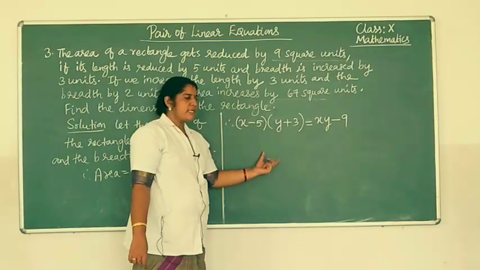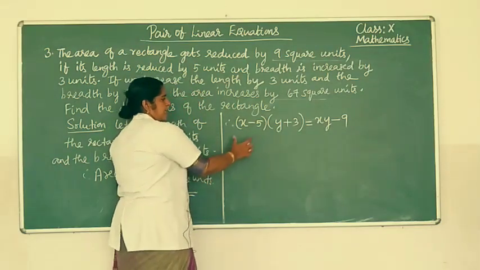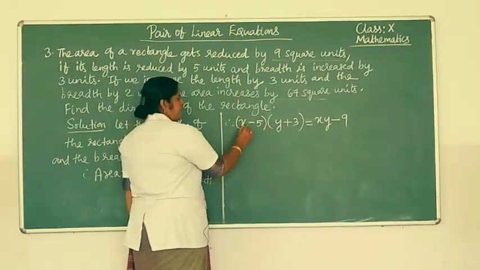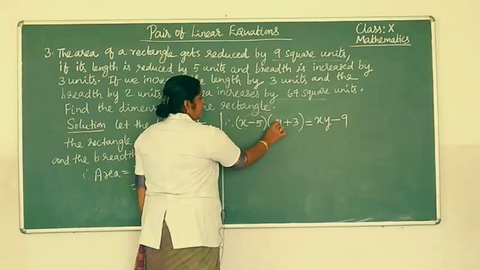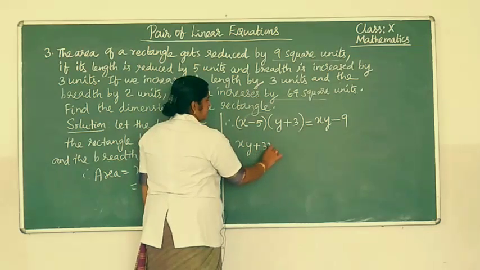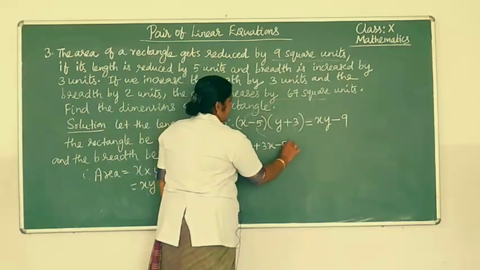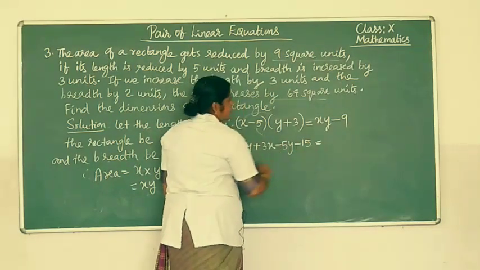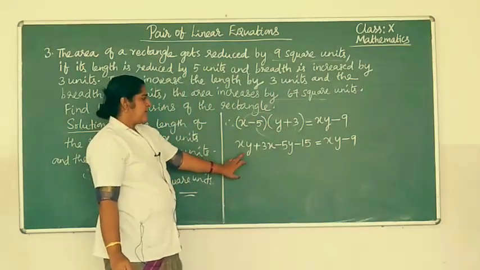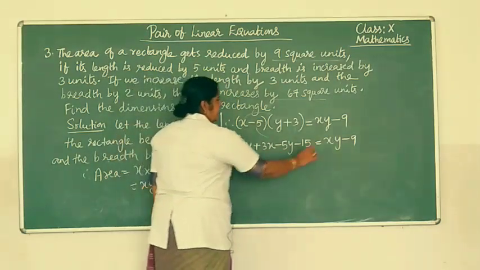Now we need to solve this equation and make it to the normal form. How to solve this? Here you can see the two brackets, so multiply the two terms. First you should multiply x into y and x into 3. So xy plus 3x, then minus 5 into y, minus 5 into 3, that is minus 5y minus 15, equal to xy minus 9. Now you can see on both sides of the equation there is a common term xy that we can cancel.